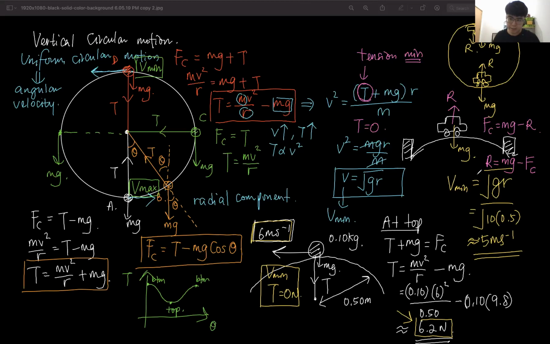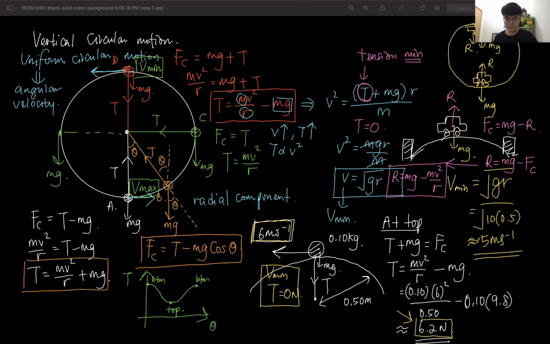Very crowded here. Let me write it here. R equals mg minus mv squared over r. Reaction. Because when it crosses this circle, you can think of it as if it was moving in a vertical circle, at the top here.